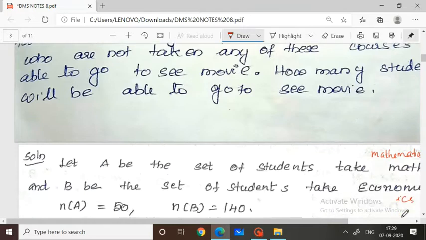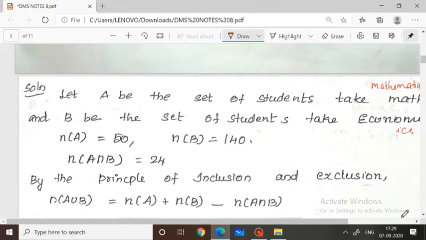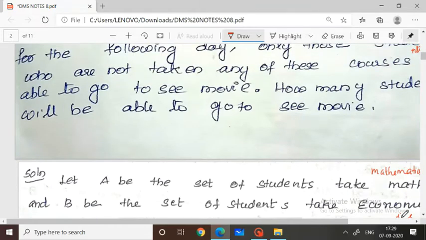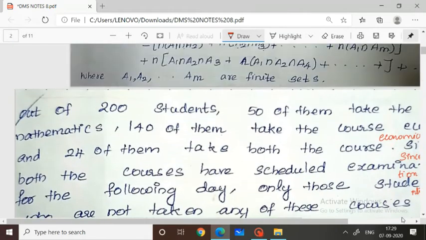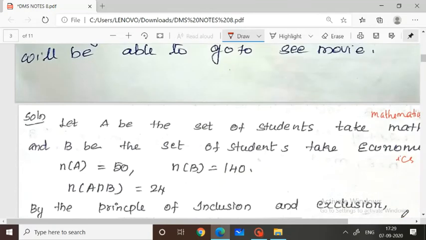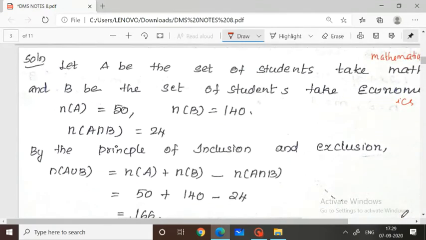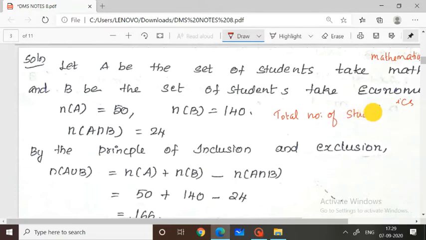So we need n of A union B, n of A, n of B, n of A intersection B, and the total number of students is given as 200. Let us take n equal to 200.